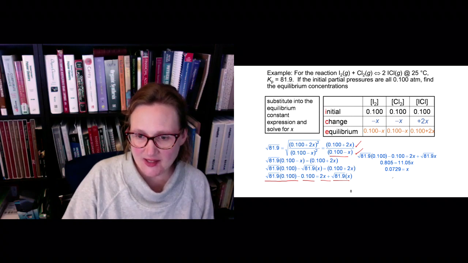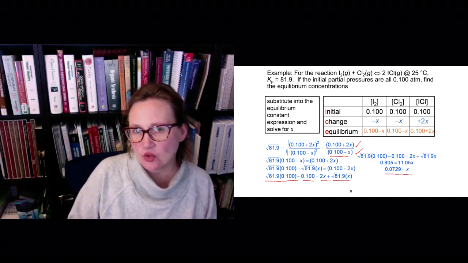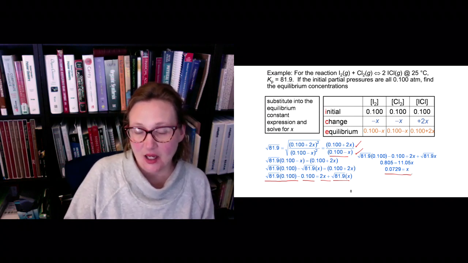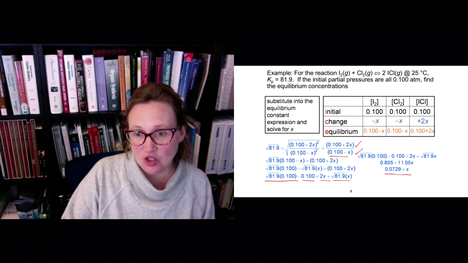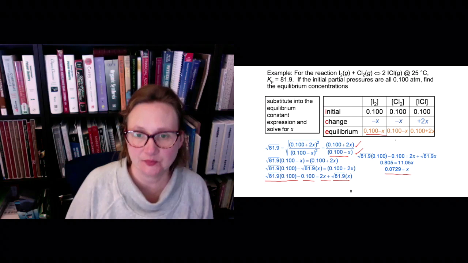And so we get x is equal to 0.0729. When you do that, you always have to look back to see what you defined as x. So we defined x as the change. So in the end, we would take 0.1 minus 0.0729 to find what those equilibrium concentrations are.